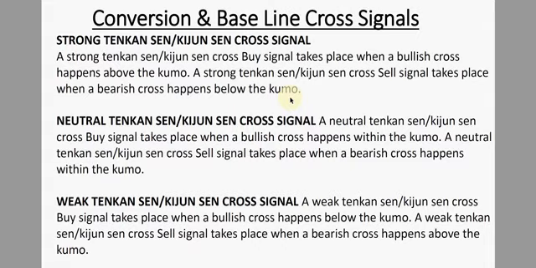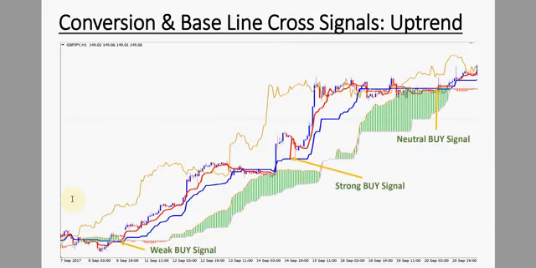When signals happen inside the cloud, we say it is neutral. And when signals happen in the wrong direction of the cloud, we say it is a weak signal. For example, a bullish signal below the cloud is a weak signal. A bearish signal above the cloud is a weak signal.